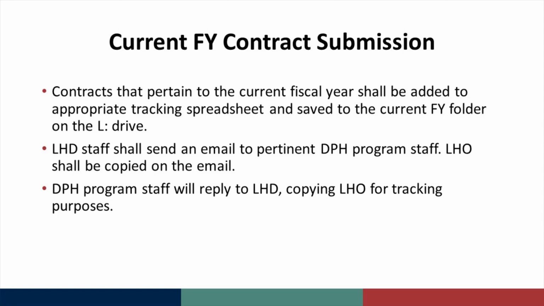So if in November it is determined that you needed to enter into a new contract for provision of prenatal services, then you would, once that contract was saved to the L drive and the information entered onto the spreadsheet for the provider and the service to be provided, send an email to the individual responsible for reviewing prenatal contracts, and you would copy local health operations branch on that email.